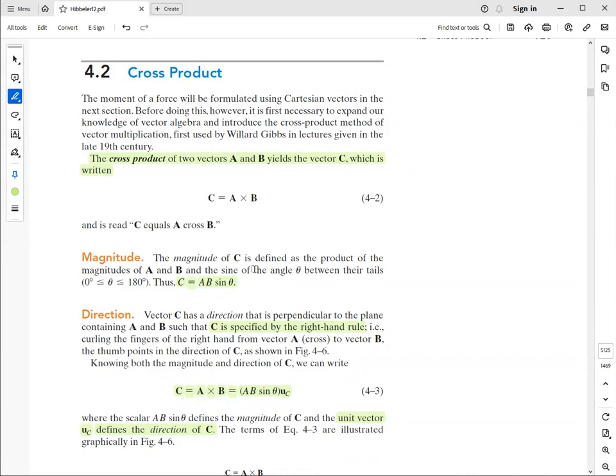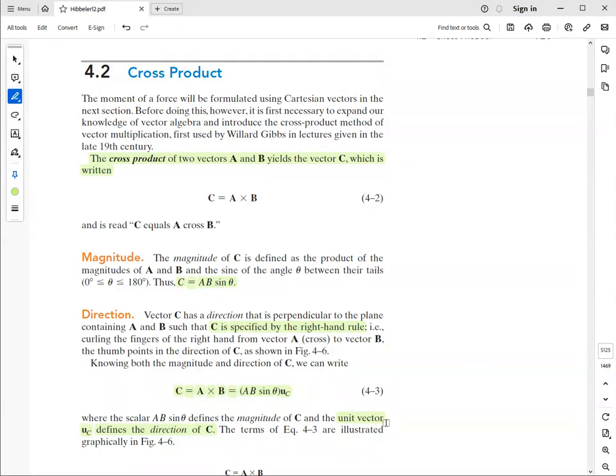So if I have two vectors, then the cross product A cross B, this notation, will result in a vector C. The magnitude of C, of the cross product, will be the magnitude of A times the magnitude of B times the sine of the angle between the two vectors, measured from A to B on the shortest path.